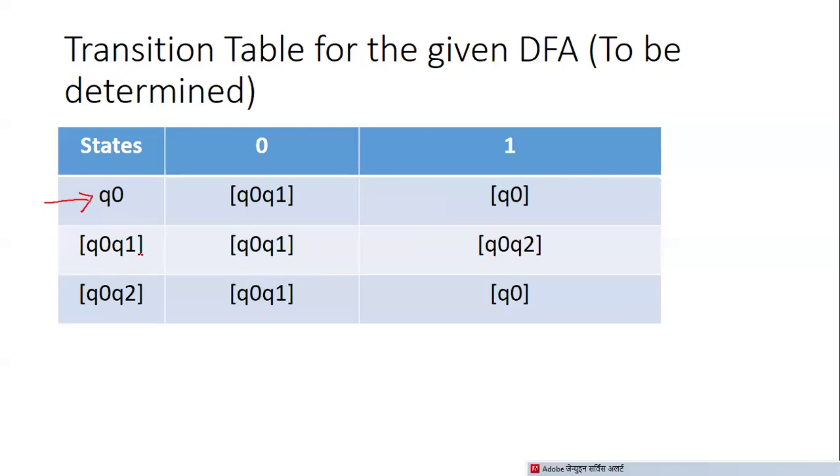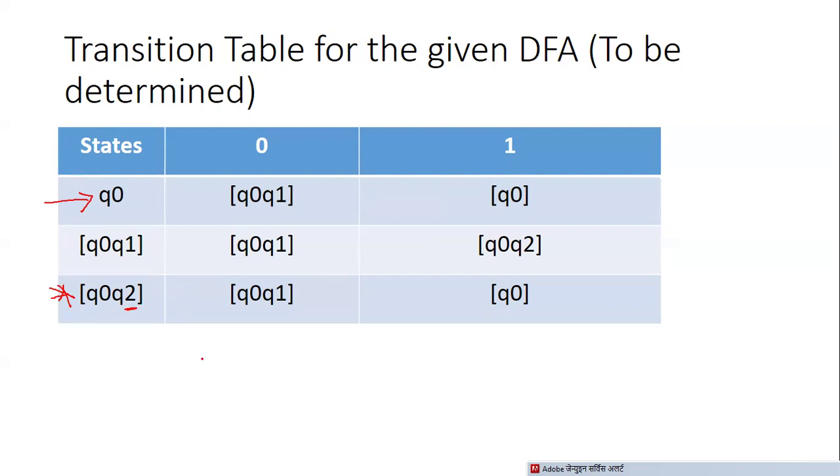Now for the DFA, there are three states. In all three states, we have to find which state contains the state Q2, right? So this state contains the state Q2. Now it is marked as the final state, that is {Q0, Q2}, right? Q0 is the initial state and the state which contains Q2 is marked as the final state, right?